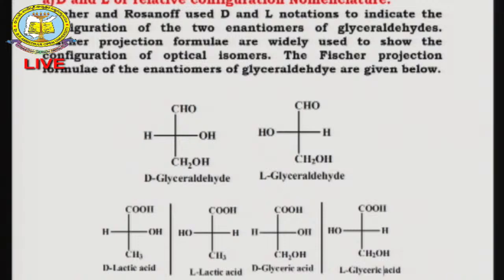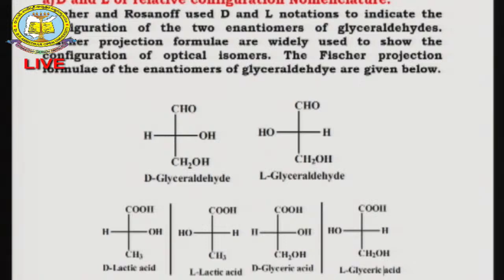In glyceraldehyde, the hydroxy group arranged on the right side is denoted as D-glyceraldehyde, and its enantiomer, the mirror image, is denoted as L-isomer. These two compounds are arbitrarily taken as reference materials for assigning the DL configurational nomenclature for other compounds.